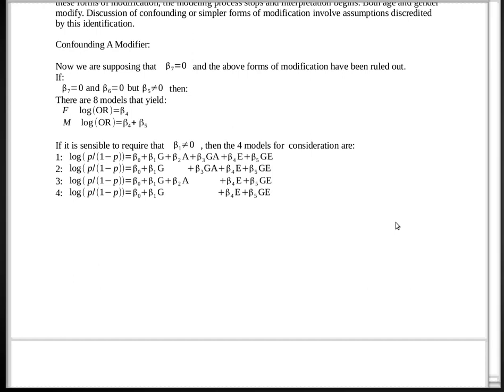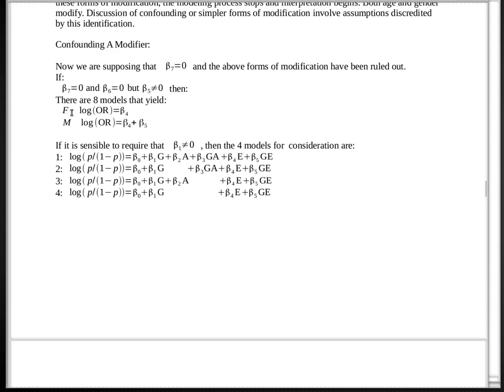But if, in fact, we have that beta 7 is 0, but so is beta 6 and beta 5 is not 0, then notice beta 6 and beta 7 are now removed. And so what have we got? We've got a term that may be telling us about gender as a modifier, right?